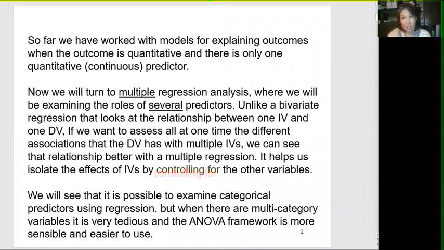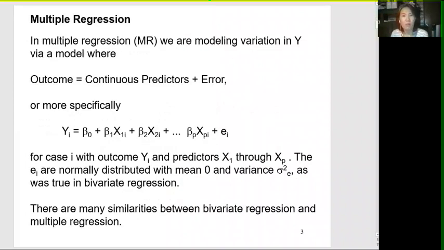But in this specific slide, ANOVA framework means analysis of variance. So this is something else. It's kind of confusing, right? But I will talk about it once SPSS output is shown. All right.